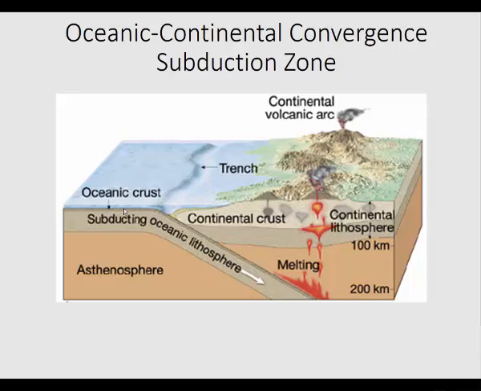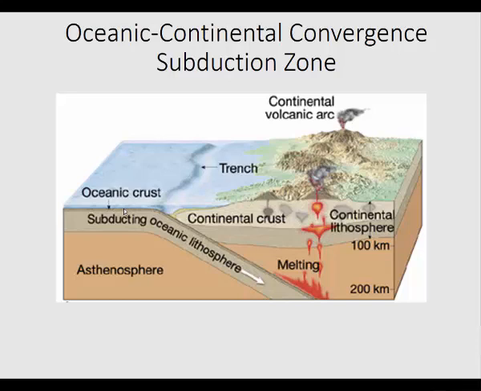And in particular, what happens is that the introduction of this water allows the rocks to melt at a lower temperature than rocks would normally melt. So you can see in this diagram that at different depths, around 200 kilometers, most of the asthenosphere just looks brown and is solid.